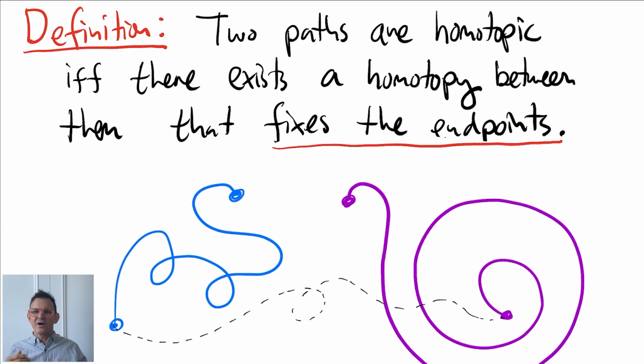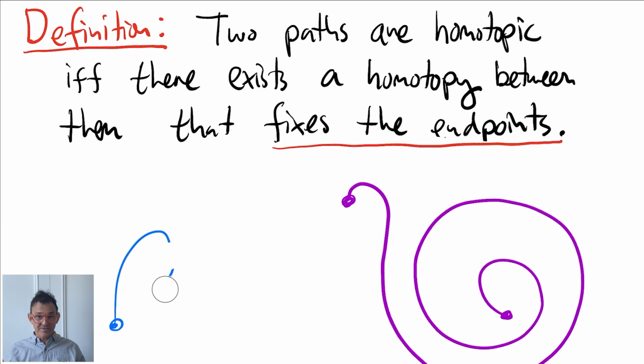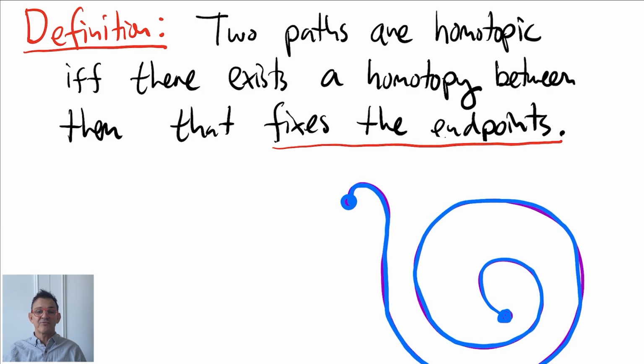You can wind one of the curves back to its starting point, move the starting point along any path to the starting point of the second curve, and then grow it until it becomes the second curve. And think of this movie as describing a homotopy, each moment in time, s, in the unit interval, being one frame in the movie.